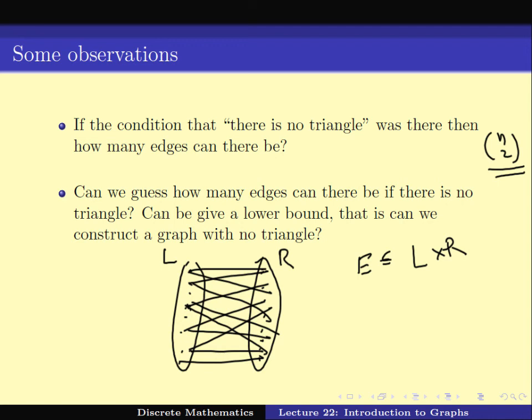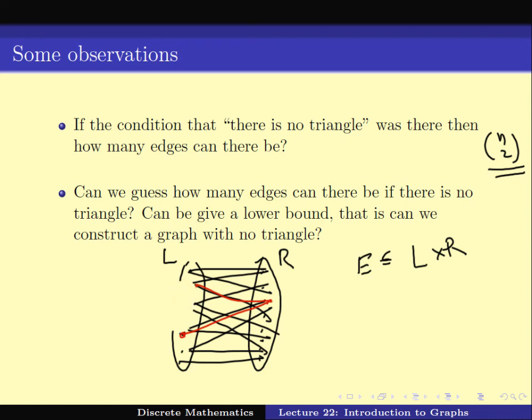Note that this particular graph will not have a triangle, right? Well, if we had a triangle, it would have been something of this form, something going like this, and a side like this. But then I have not drawn a single edge between two vertices in L. So that cannot be possible.